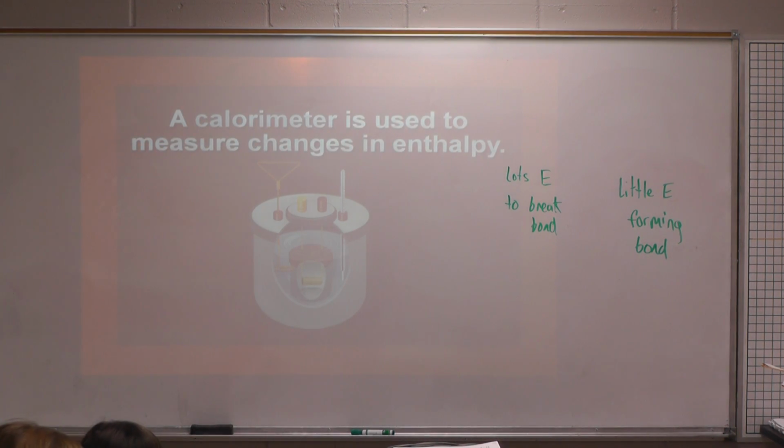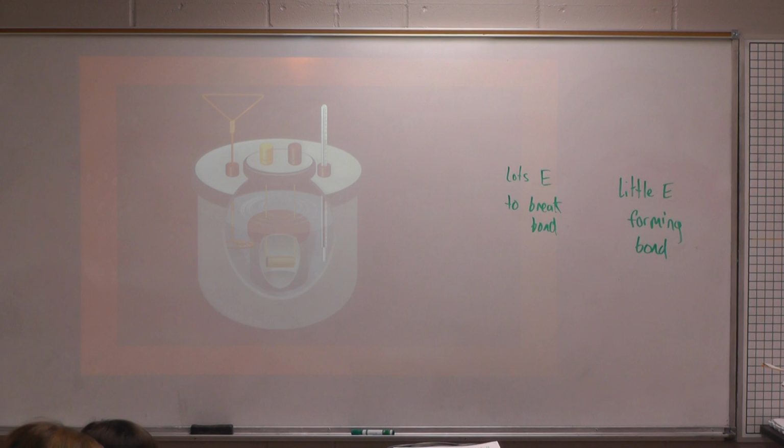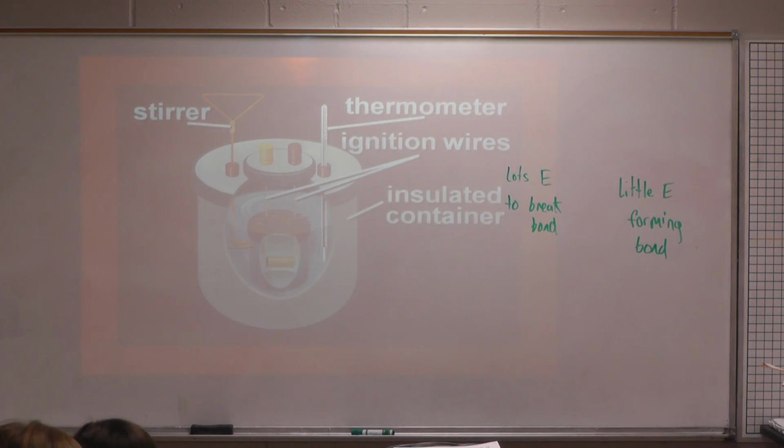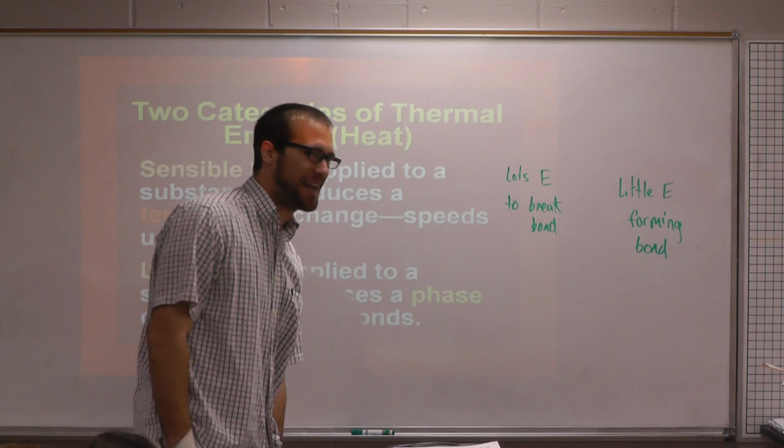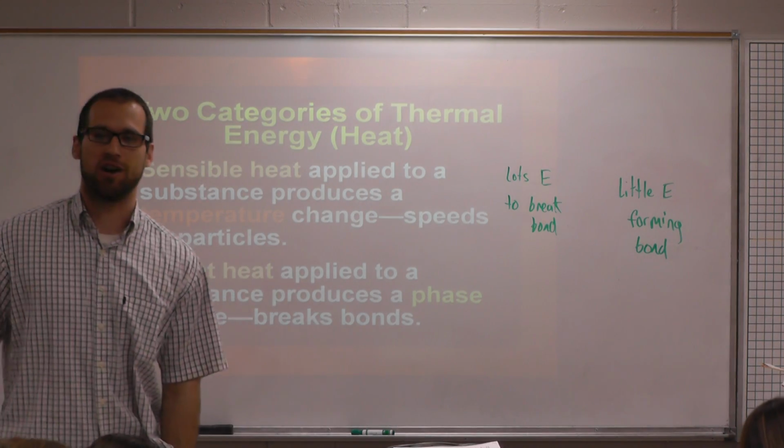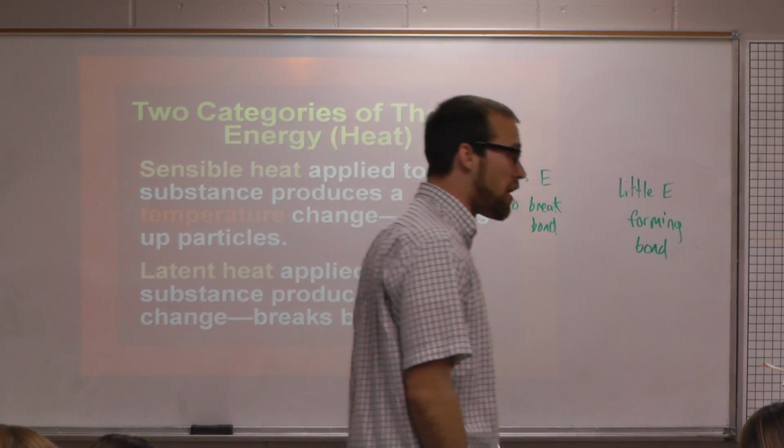So it's used to figure out the enthalpy changes, or essentially the what? The heat. Guys, I'm just showing you all the stuff. I'm not too worried about that. All right, we've talked about these two words. I'm going to go over them again here, and we're going to do a heating curve, and I'll show you where all of these things are.